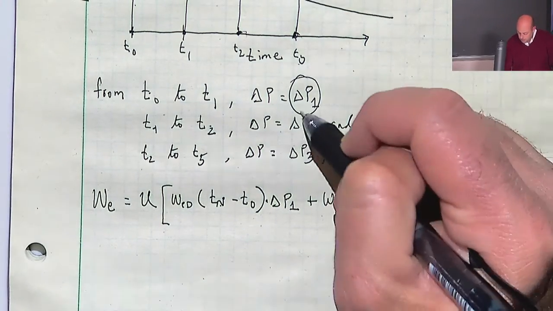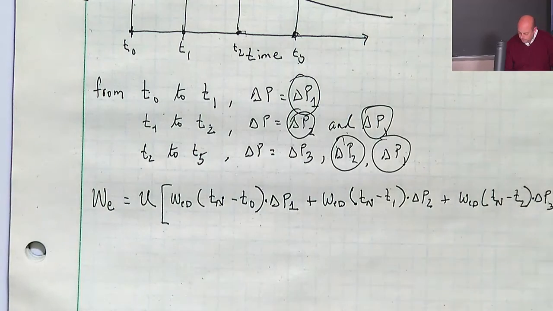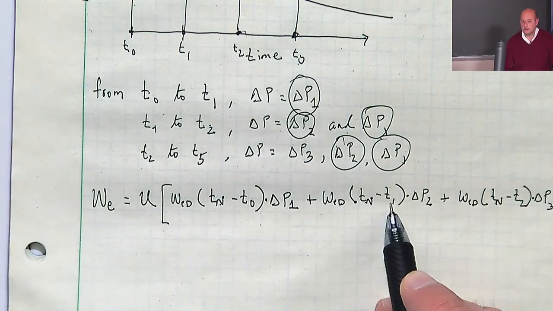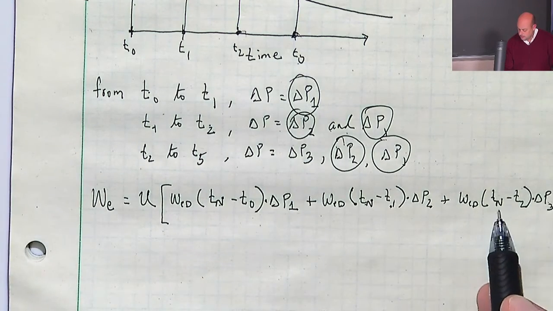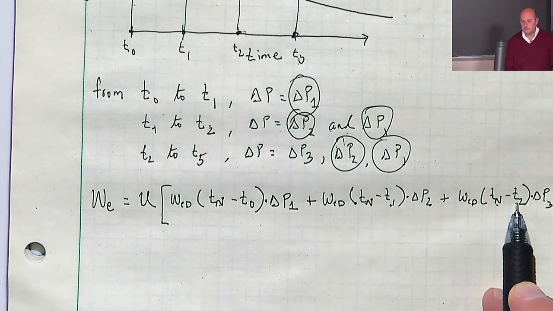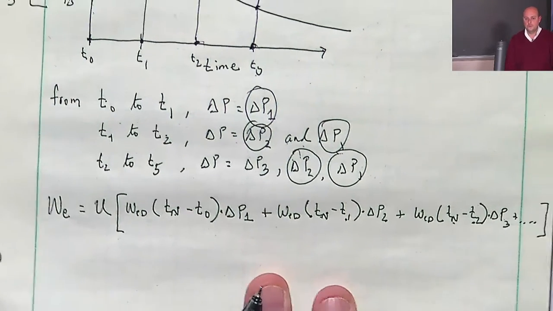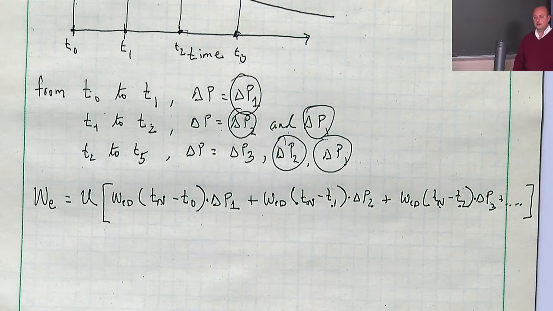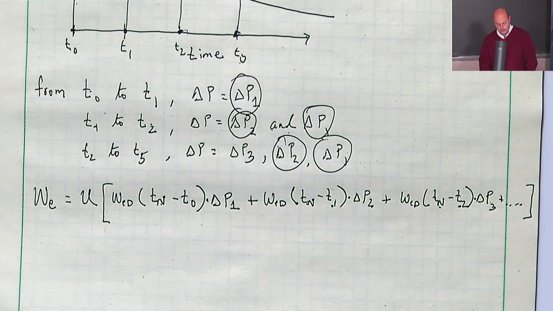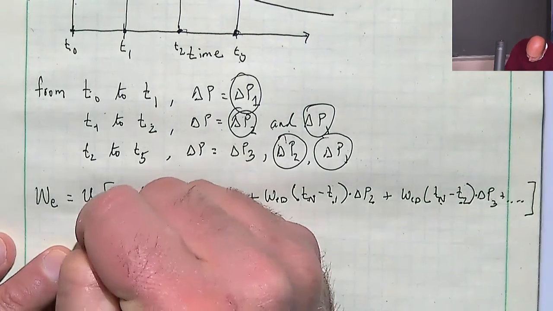But delta P2 only showed up from Tn minus T1, delta P3 from Tn minus T2, right? So that's how we do that. Again, this is called the principle of superposition.